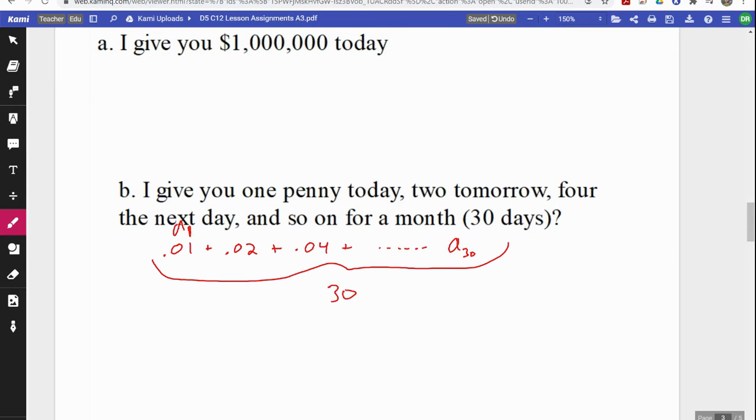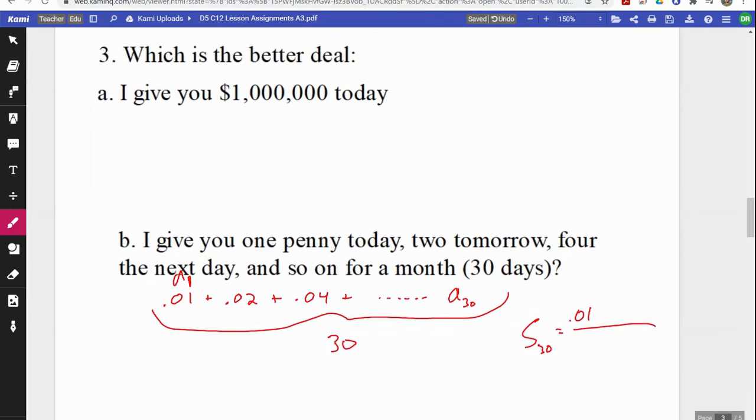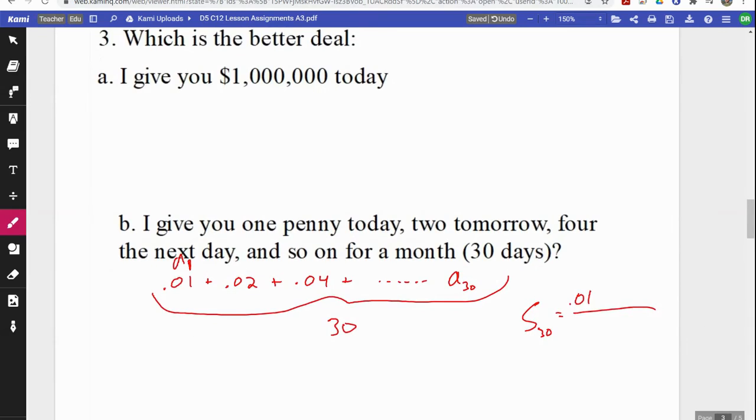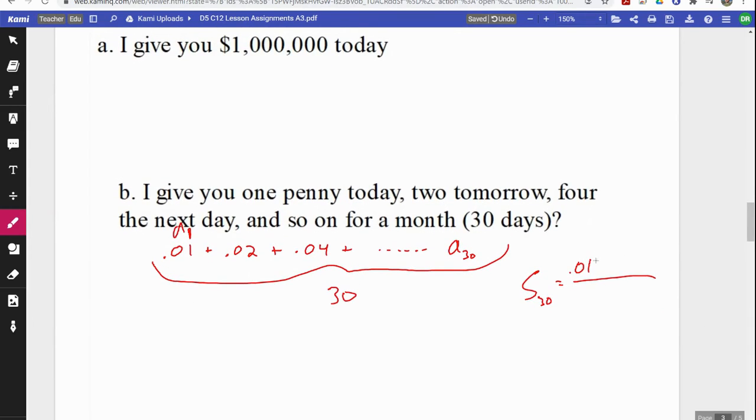But I want to add them up. So this is S sub 30 essentially. And we would know that the first term is 0.01, and we just need to know the rest of it for the formula. And it's a series again because I want to know the total amount that I would be given at the end of 30 days, if it's better than $1 million or not. And we're starting at a penny, so maybe not, I don't know.